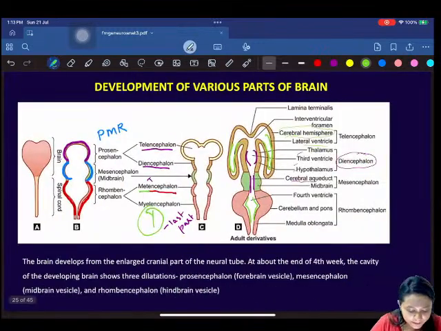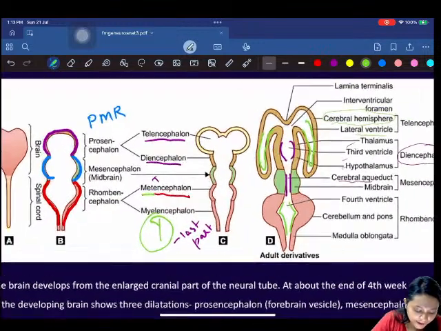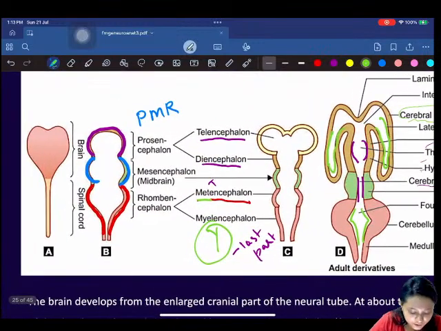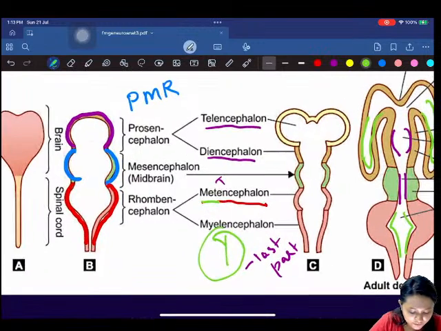Then we have studied about the brain, which I am again going to recap once. You know that there are three swellings and certain flexures. So you have the prosencephalon, the mesencephalon, and the rhombencephalon. PMR, physical medicine and rehabilitation, is one department you have, right? So just try to remember PMR: prosencephalon, mesencephalon, and rhombencephalon.